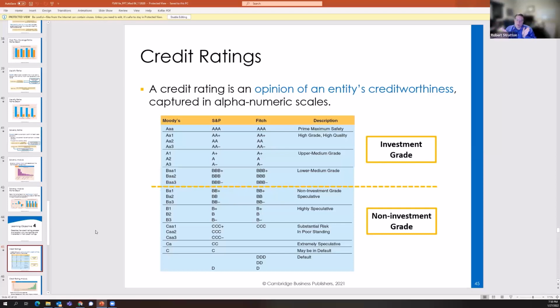The highest rating is AAA, going down to BBB or BBB minus, depending on the rating agency. Those are investment grade. Below that is non-investment grade. These are very speculative and high risk. These are not for your average investor to buy into.